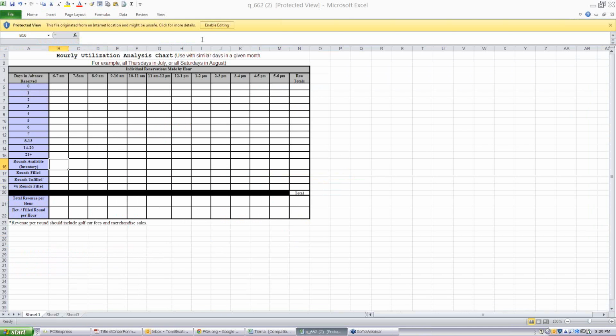It's basically what we just worked on. It's just a blank sheet. As you can see, this is the sheet we just did.